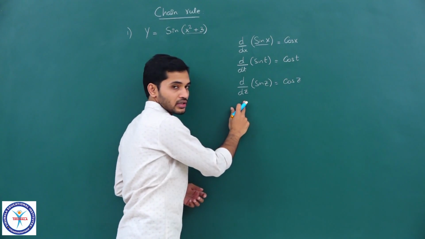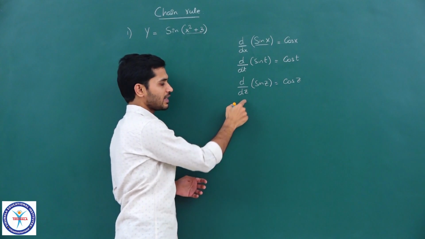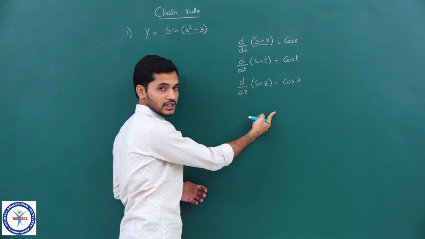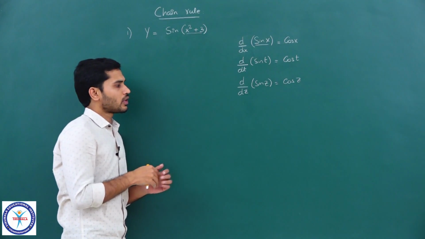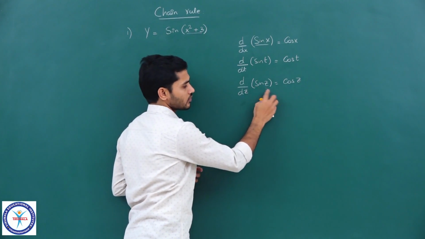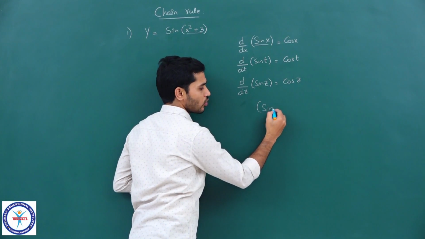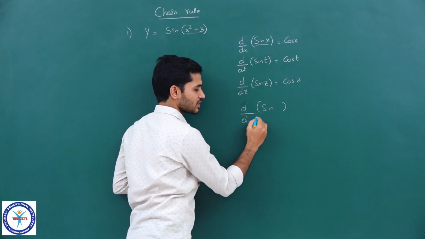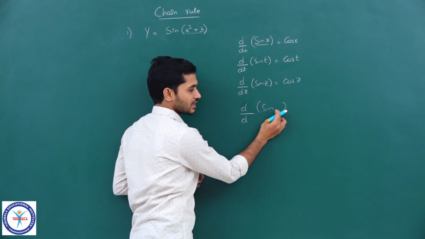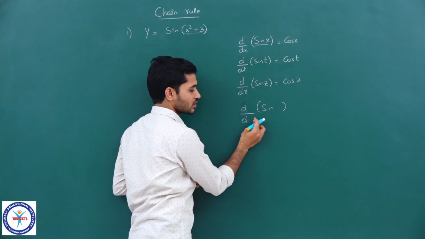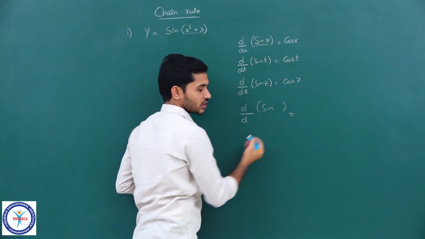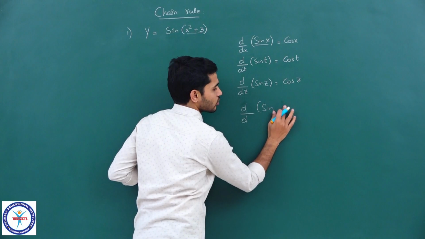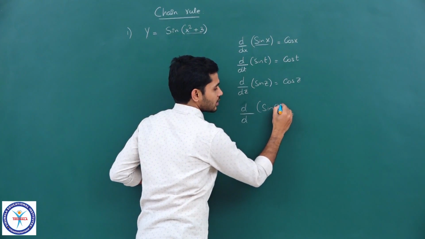So, it could be anything here, right. It could be theta. So, d by d theta of sin theta is cos theta, or it could be anything. I can place anything here. As long as this is sine of something, and I am differentiating that with respect to the same something, then we know how to differentiate it, correct. So, let's call this a circle.